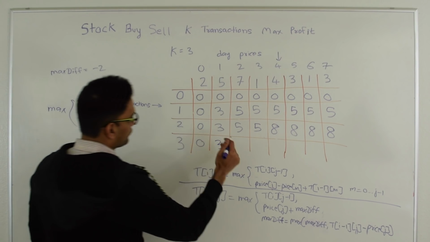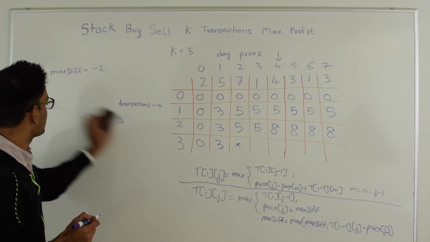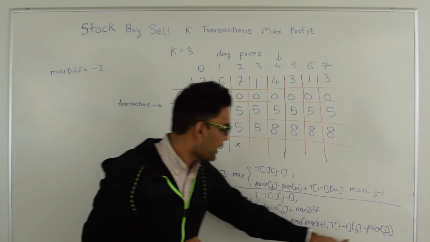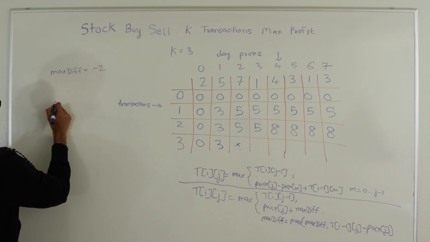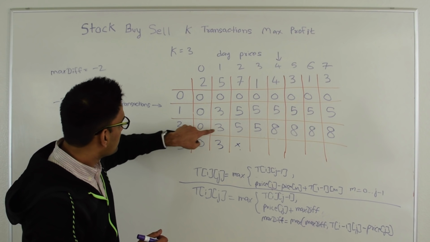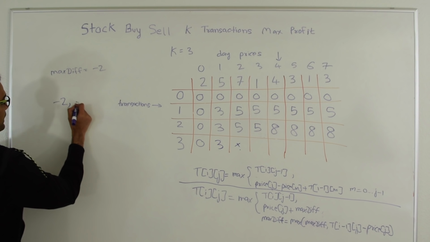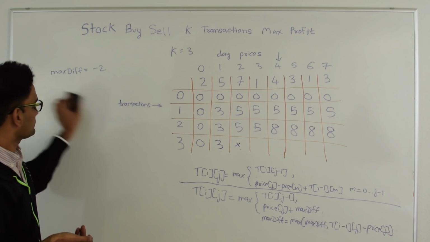Now we try to go to the next day, so we are trying to fill up this cell. Before we fill up this cell, we'll have to recalculate the max diff, and to do that we'll use this formula. Max diff will be minus 2, the current max diff, or this, if we are filling this cell, then 3 minus 5, so that is also minus 2, so our max diff stays minus 2.